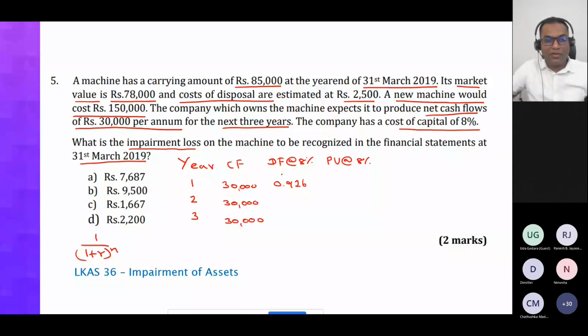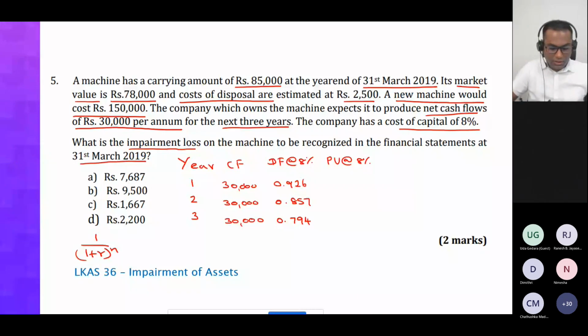First one, 1 divided by 1.08 to the power 1. Second year, discounting factor 0.857. Third year 0.794.